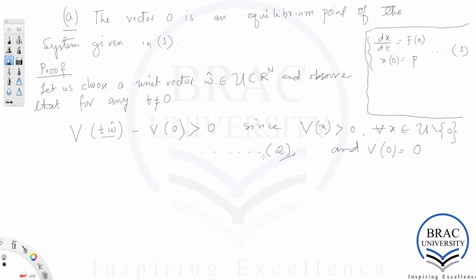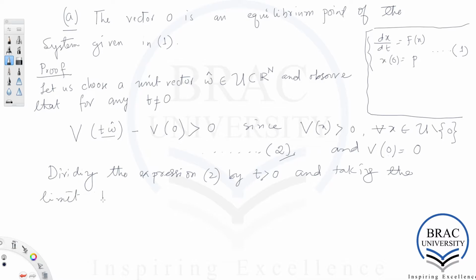Now, dividing this expression 2 by a positive t and taking the limit as t approaches 0 from the right yields the following.